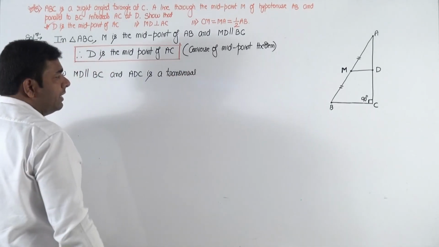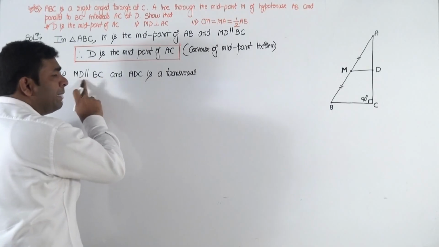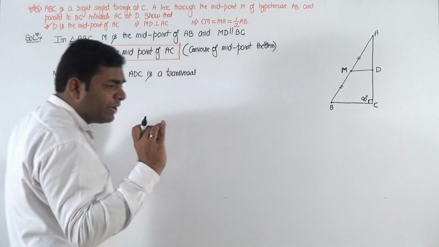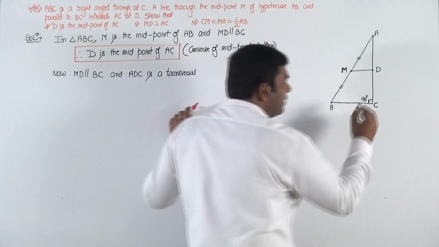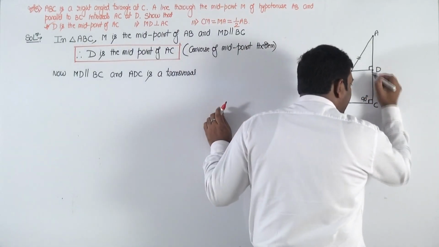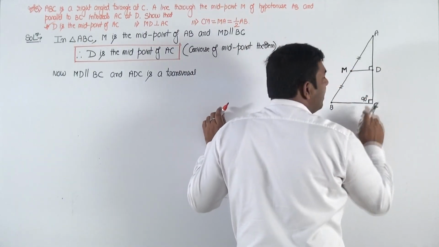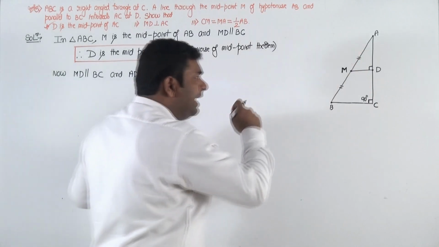So if a transversal intersects two parallel lines, then each pair of corresponding angles is equal. ये तो ये वाला एंगल और ये वाला एंगल दोनों इक्वल होंगे. ये वाला एंगल का नाम क्या है? ADM.